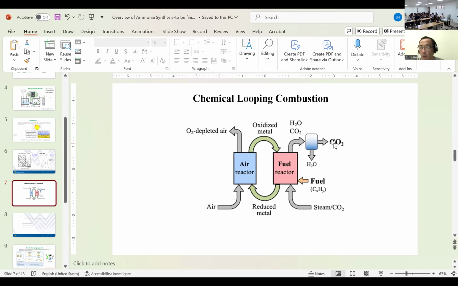This CO2 is pure because air doesn't come to this side. Air goes to the other side, where the metal reacts with air. I can send you this slide and you can Google it. The chemical looping process means that if you use two vessels with an oxygen carrier, you can produce CO2 without nitrogen, because nitrogen is on the other side of the reactor.